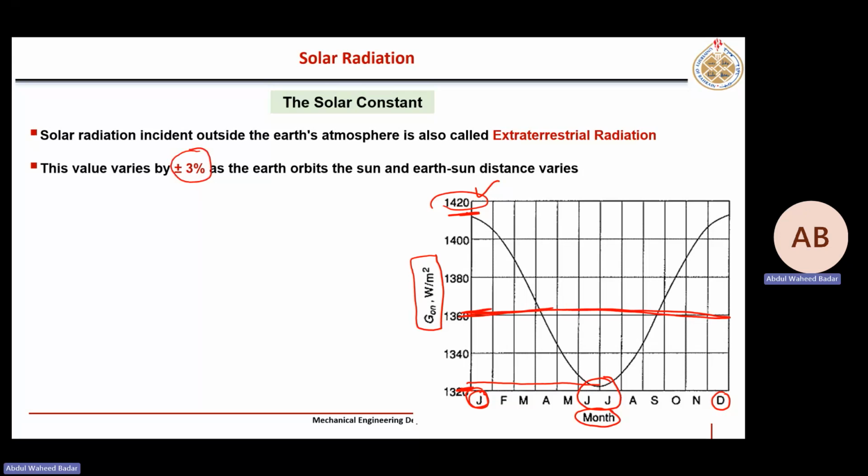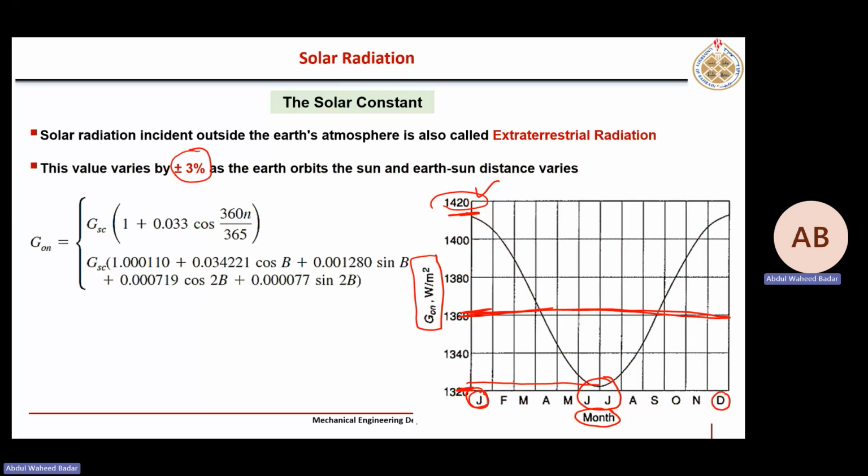And there is an equation to find out this solar radiation, solar constant as a function of day of the year. So this is one equation, this is another equation, this is a bit more involved, but this is also fine.